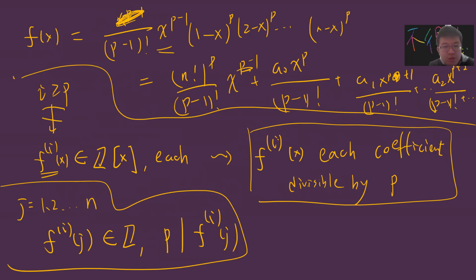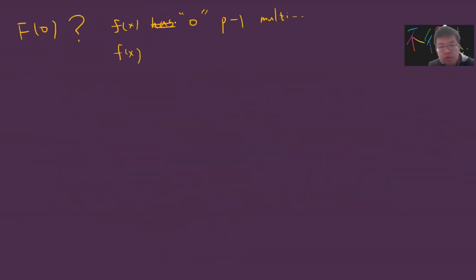So it means that if you differentiate fewer than p minus 1 times and put in 0, you get 0. This means f to the i of 0 is 0 if i is less than p minus 1.